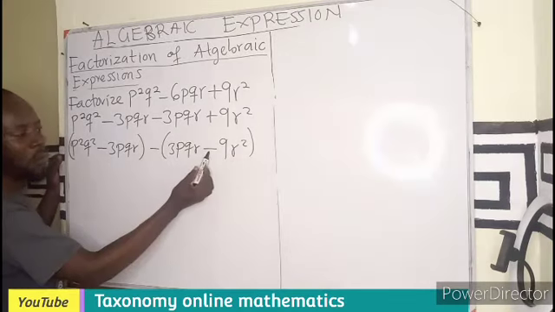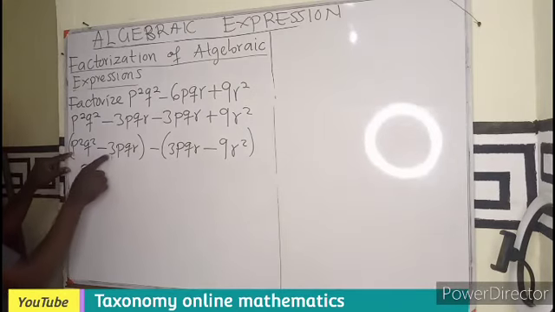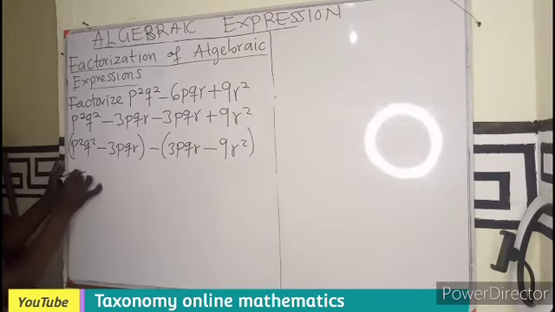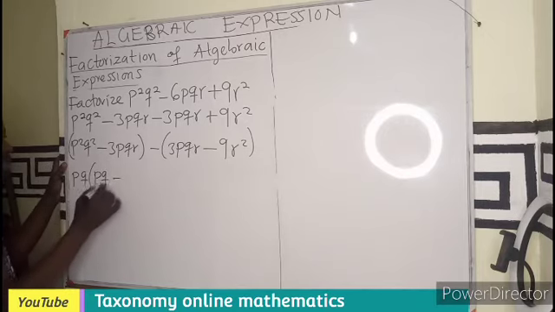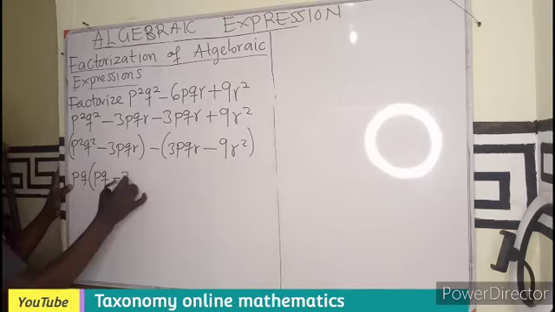The negative will cancel this to give me positive. So common factor, PQ. So PQ in one bracket, dividing this, the power will decrease to have PQ. 3 is obvious. Then PQR divided by PQ, I'll be having only what? R.